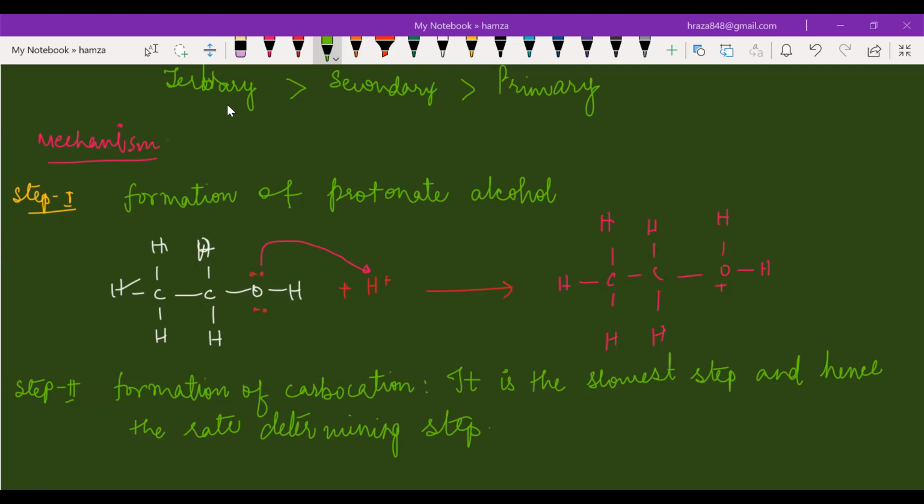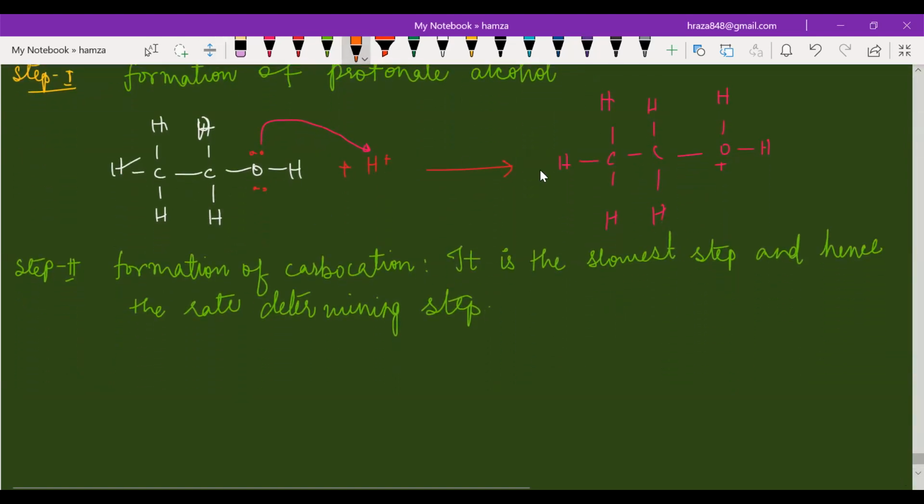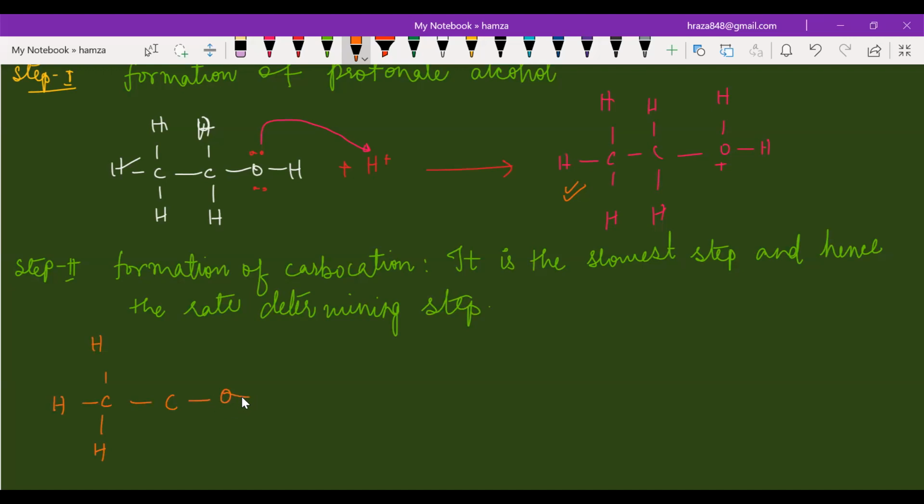So in the first step, we reacted alcohol with proton and prepared protonated alcohol. Now, this protonated alcohol is very unstable. Why? Because you can see oxygen has a positive charge on it, and whenever there is a positive charge on oxygen, it is very unstable.